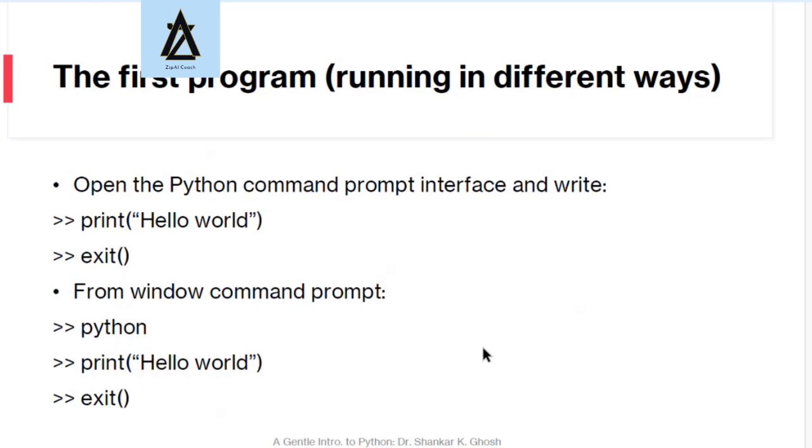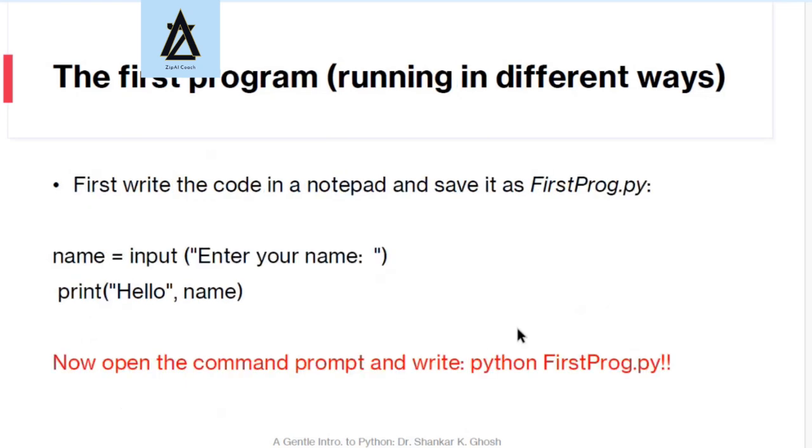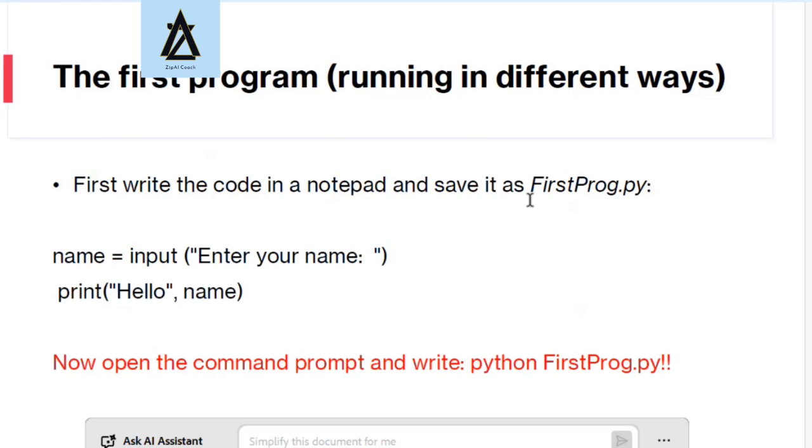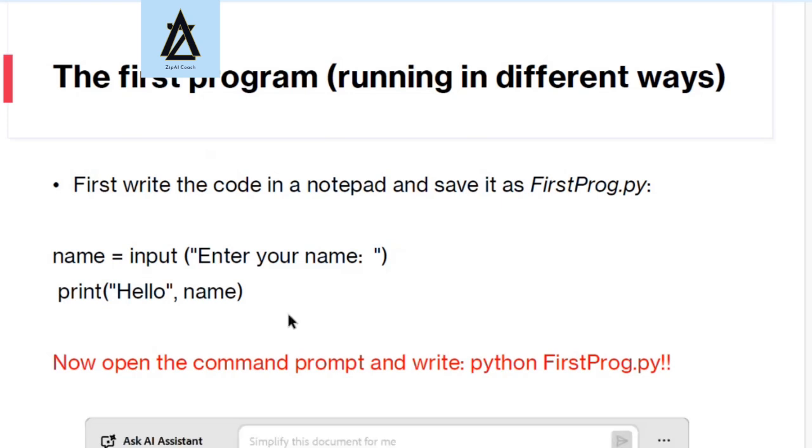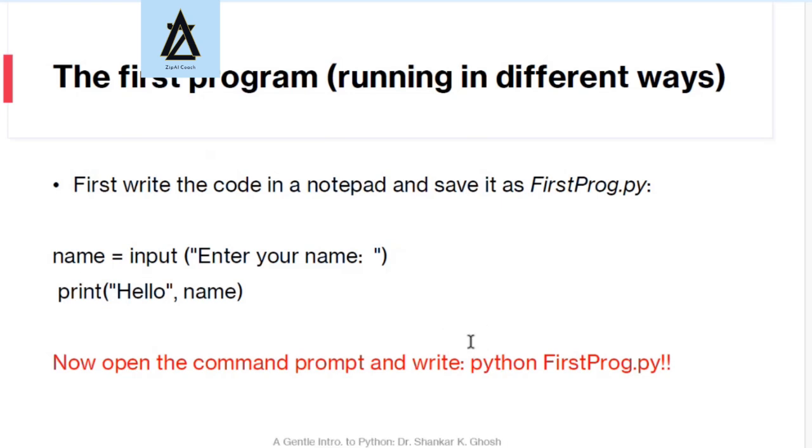Otherwise, you can run it from the Windows command prompt, or write your program in a file, save it as, let's say, first proc.python, and then run it. I request all of you to go through those steps in the book by Kanitkar, in the first and second chapter. How to write a basic Python program and how to execute it, all these details you will find.